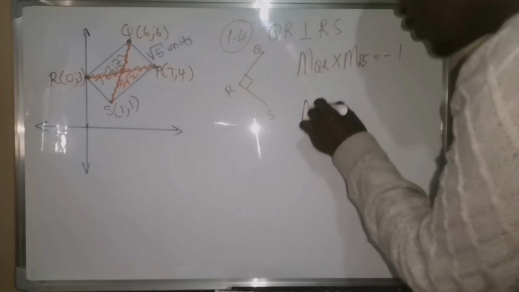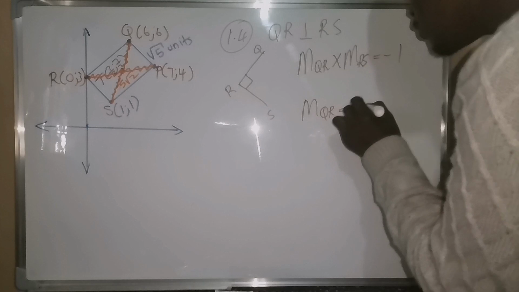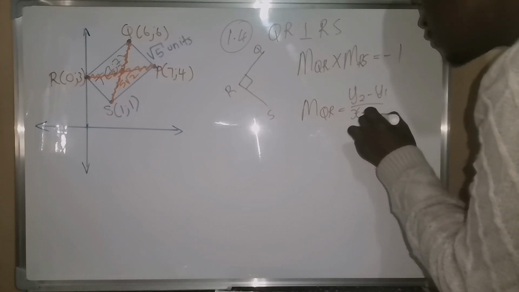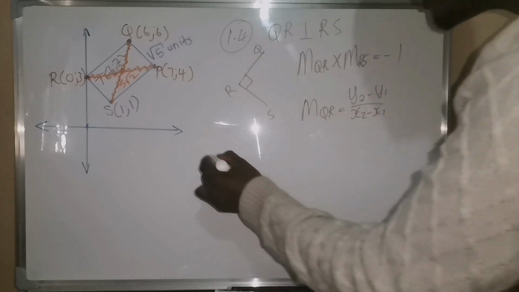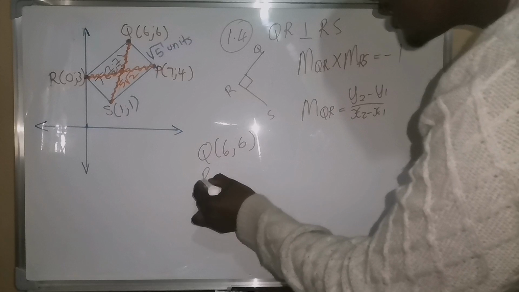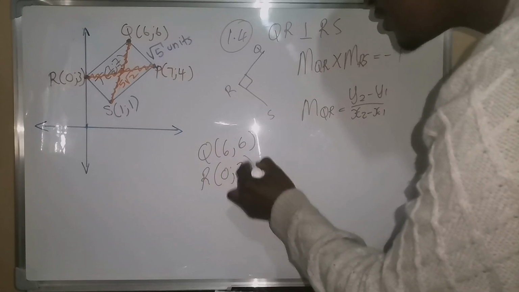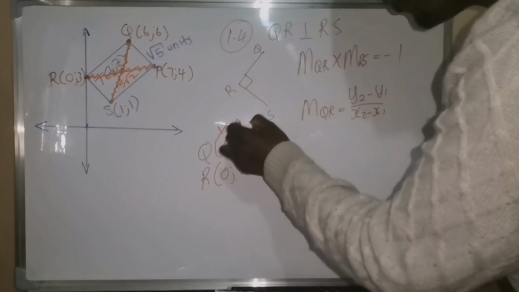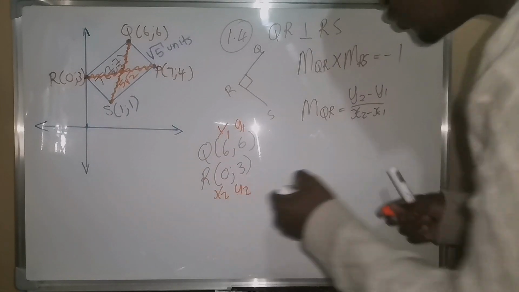So, the gradient of QR is equal to y2 minus y1 over x2 minus x1. Q is (6, 6), then R is (0, 3). Very simple. Label your points: x1, y1, x2, y2.